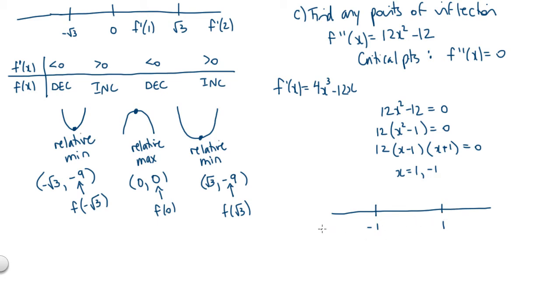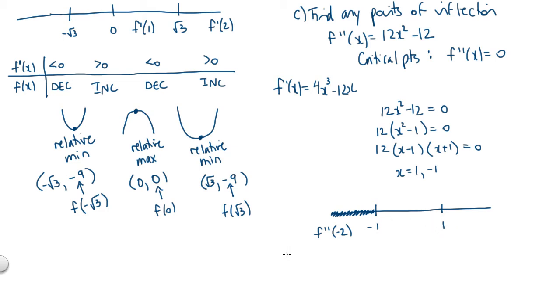So what that means is that if we check a value of f double prime in this first interval, say we plug in -2 here, that's going to tell us the sign of f double prime on that entire interval, because the sign cannot change at any x values except at these critical points.